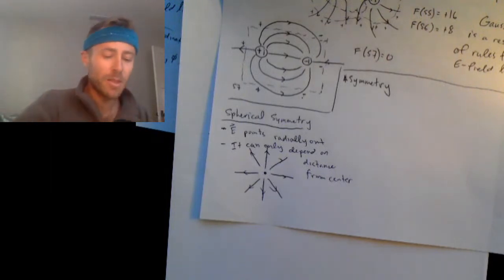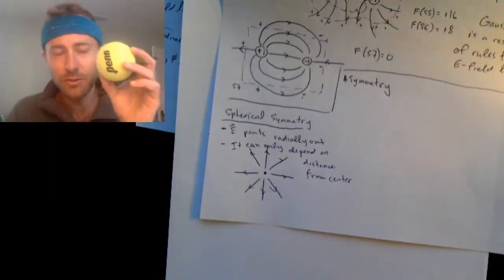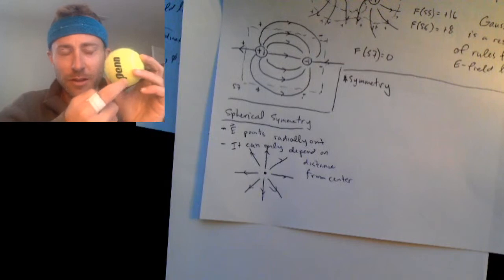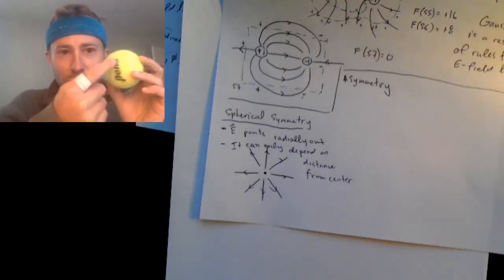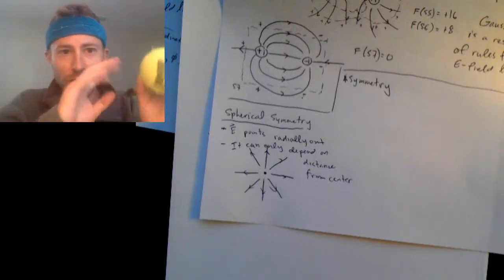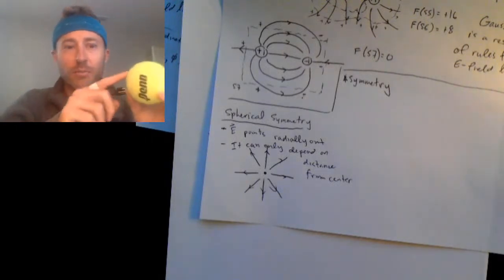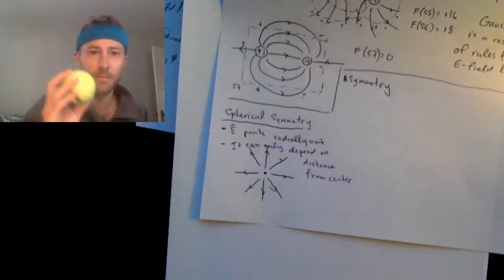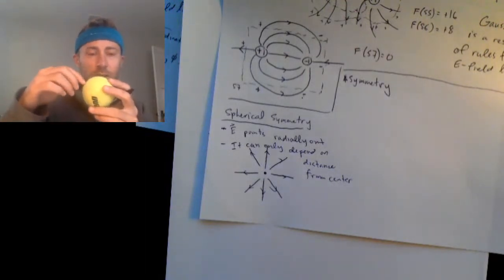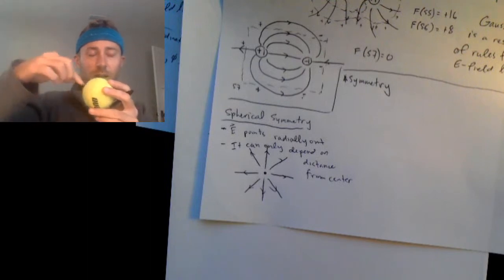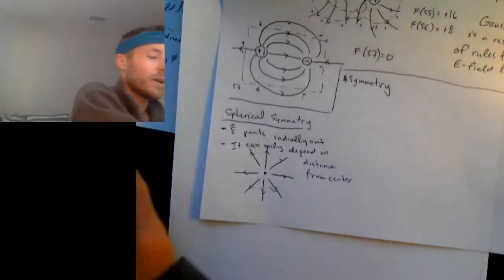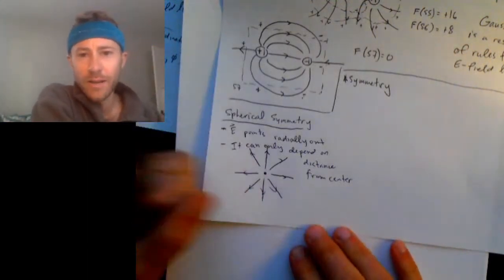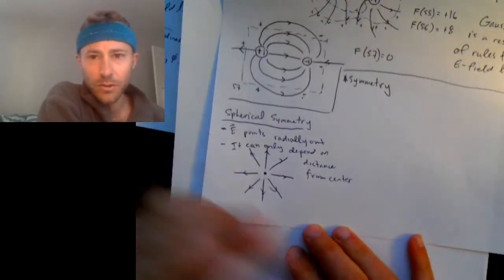This tennis ball technically isn't spherically symmetrical because this latitude and longitude is over the P and this one is over the N, so you could tell where you are because it has markings on it. But if you had something truly perfectly spherically symmetrical, the only thing that can change is the distance from the center.